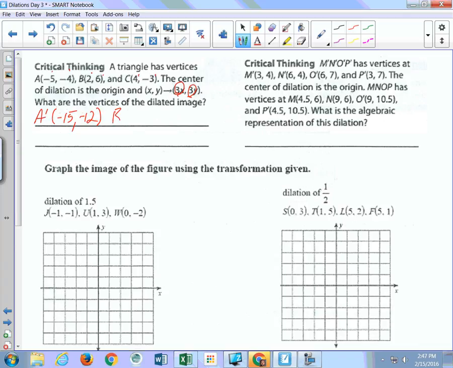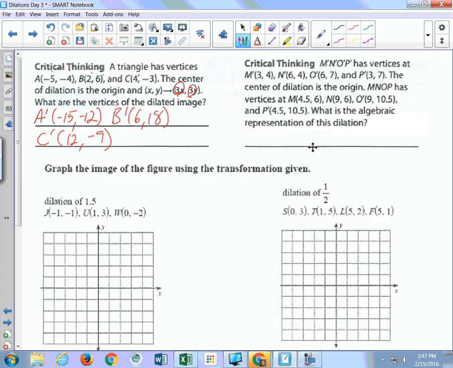B prime. 3 times 2 is 6. 3 times 6 is 18. So that's our B prime. C prime, 3 times 4 is 12, and 3 times -3 is -9. Okay, so all we did was take the scale factor, multiply times each x and y to get our new coordinates.